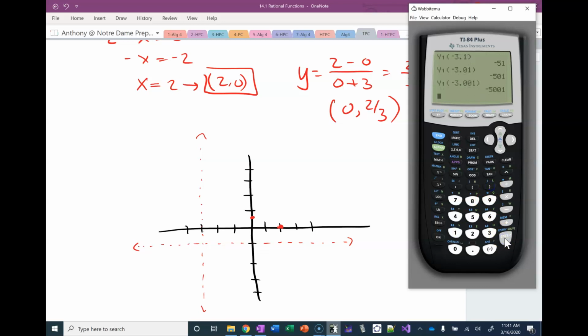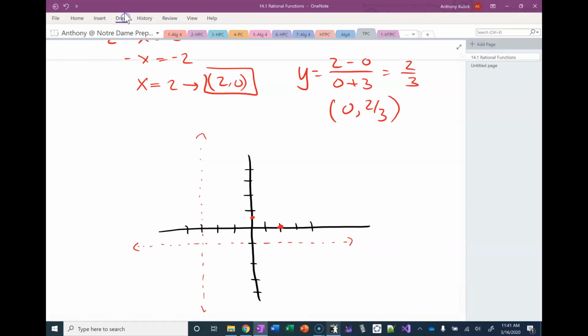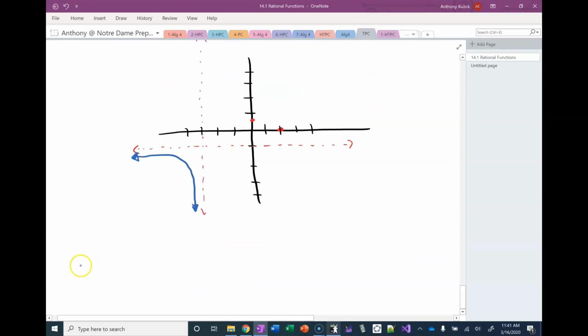And even more negative. So what that's telling me is that as we're getting closer and closer and closer, we should be getting more and more negative, i.e. that the limit as x approaches negative 3 from the left of this function f of x is negative infinity. Now let's look at what's happening on the other side.